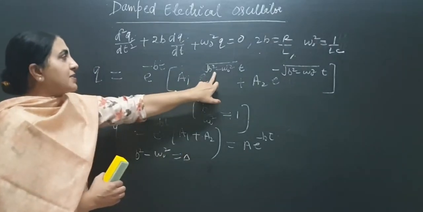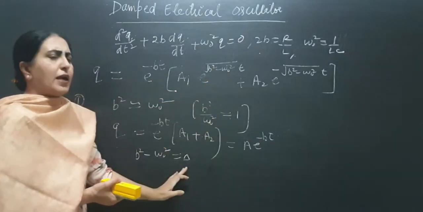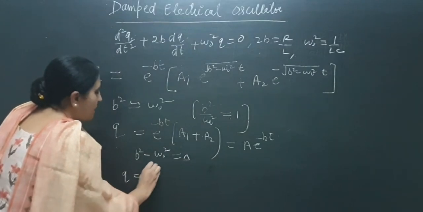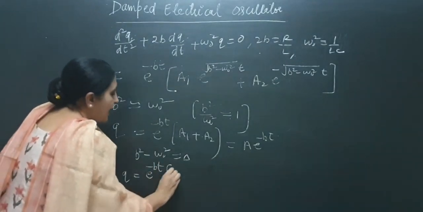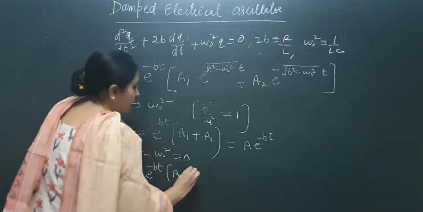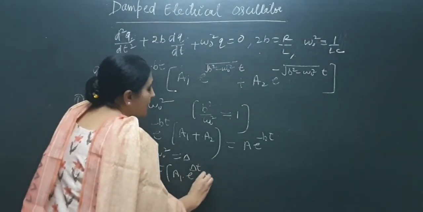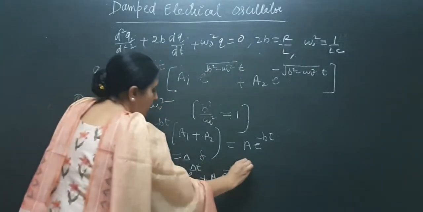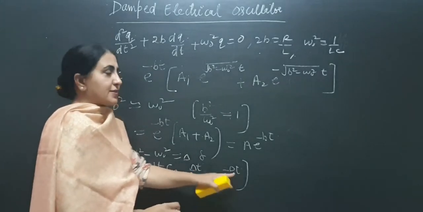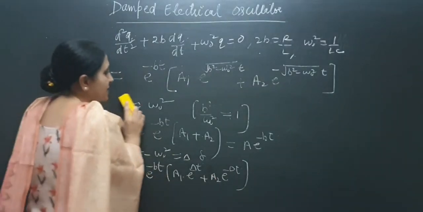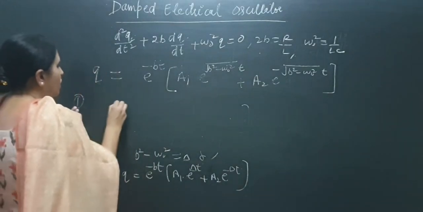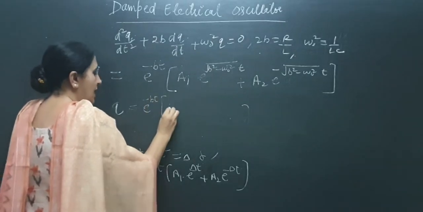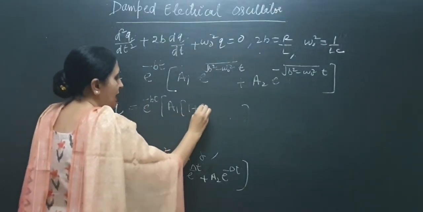When you put here b square minus omega naught square, under root, is also equal to delta, you can say q is equal to e raised to power minus bt, a1 e raised to power delta t plus a2 e raised to power minus delta t. In some books delta is written like this. So e raised to power x plus e raised to power minus x is equal to 1 plus x or 1 minus x. So you can write here, this is the second case, q is equal to e raised to power minus bt, a1 into 1 plus delta t.